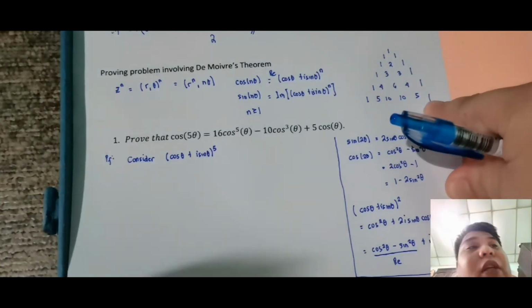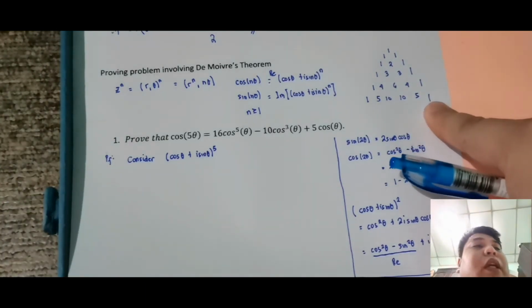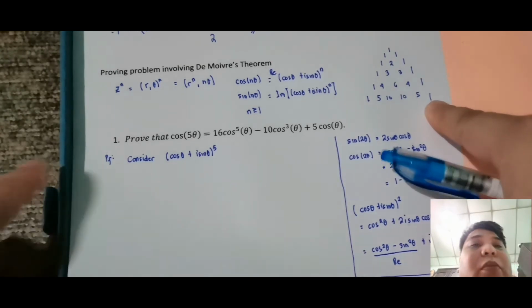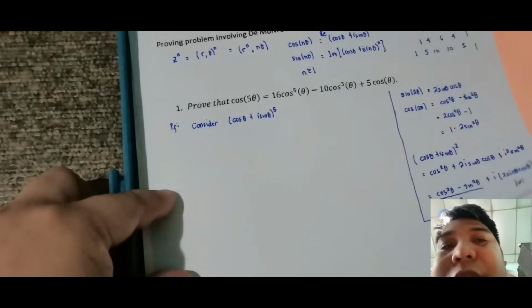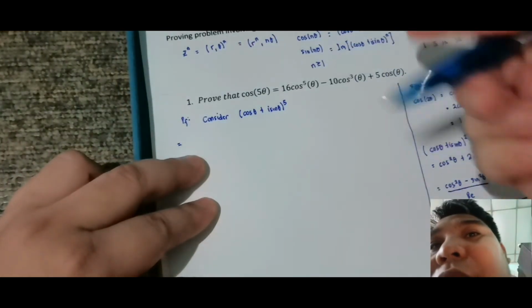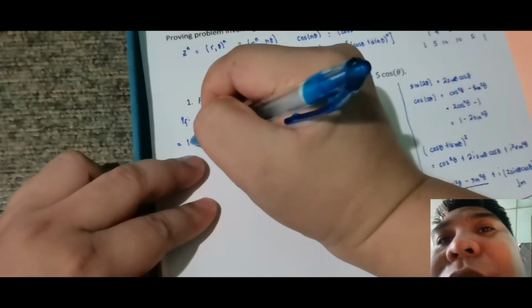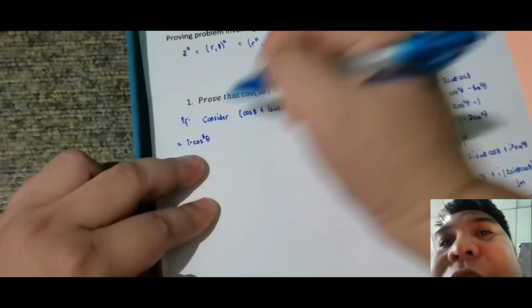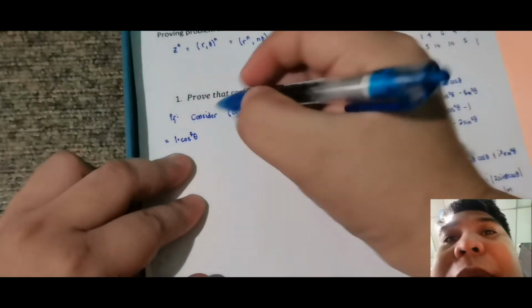So meaning, meron tayong mga coefficient na 1, 5, 10, 10, 5, 1. Then kukonsider pa natin yung pagdagdag bawas ng mga exponent. So pag in-expand natin yan, so that is equivalent sa una, 1, tama, that is 1 multiplied by cosine raised to 5 theta. Kasi yun yung una. Next, plus 5.